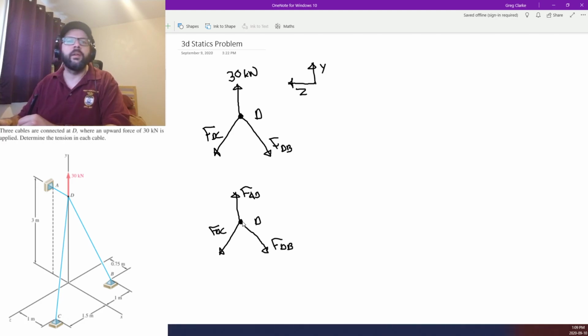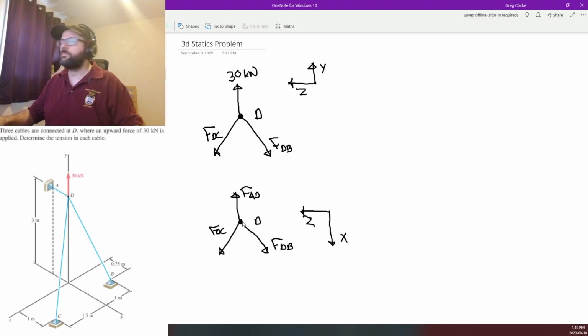Again, looking at that top down, based upon the coordinate systems specified, that one is a positive x-axis, and this will be a positive z-axis.